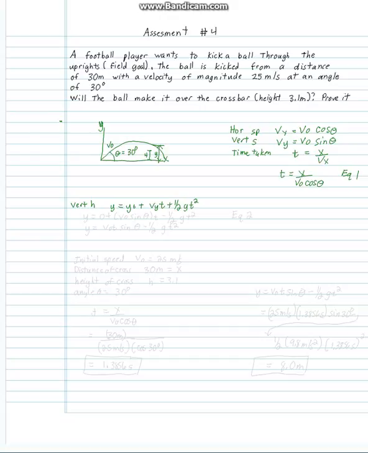Taking y of 0 as 0 and acceleration due to gravity as negative, we come up with y equals 0 plus v of 0 sine theta t plus 1/2 g t squared, and then y is equal to v of 0 t sine of theta minus 1/2 gravity t squared. We'll call this equation 2.